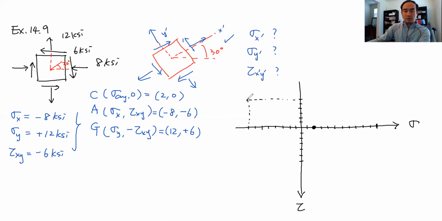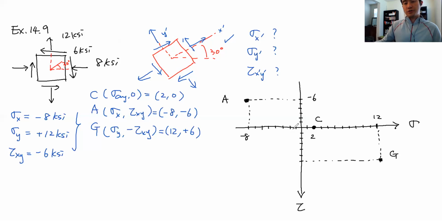So this is going to be point A. This was C. And then point G, 12, with 6 here. This is going to be my point G. And here was 2, right?